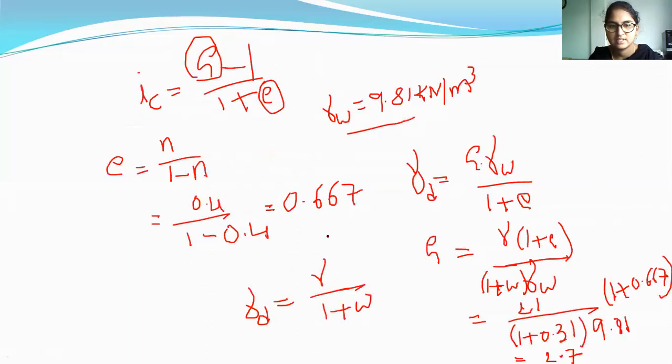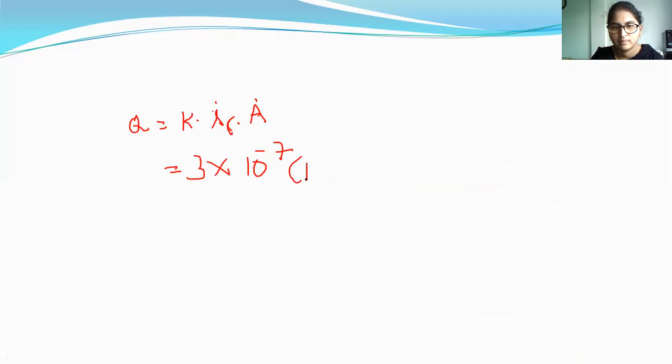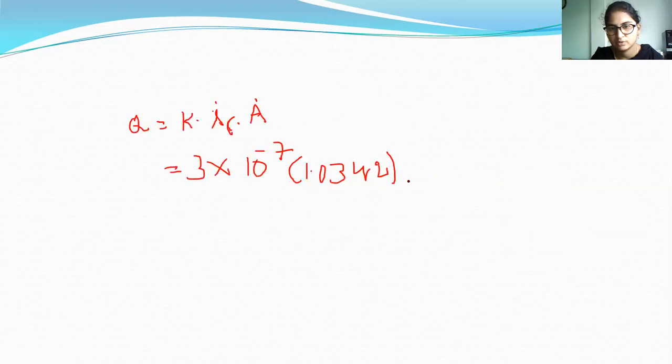I suffix C is equal to 1.0342, into A. Now calculate this value.